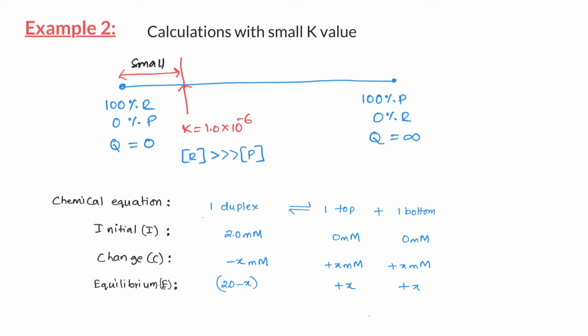So, our assumption is the following. The value of X, that is the change in concentration of reactants to reach equilibrium, is very small relative to the initial concentration of the reactants. That is, X is way smaller than 2.0, or 2.0 minus X is approximately equal to 2.0 molar.